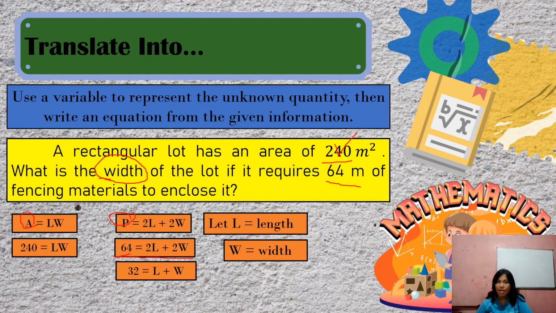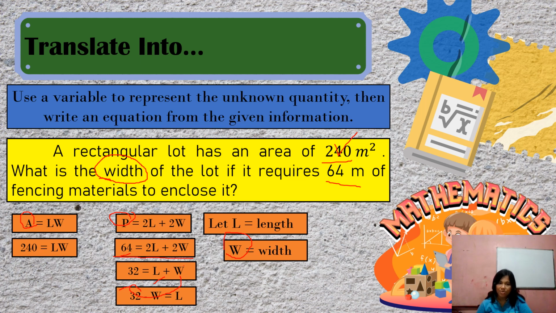So here, since it's the width which is being asked, we should come up with an equation ending with W. So therefore, baliktad siya kanina. Ngayon, L naman yung iiwan natin, si W naman yung i-transpose natin sa kabila. Thereby, this one will become 32 minus W equals L.